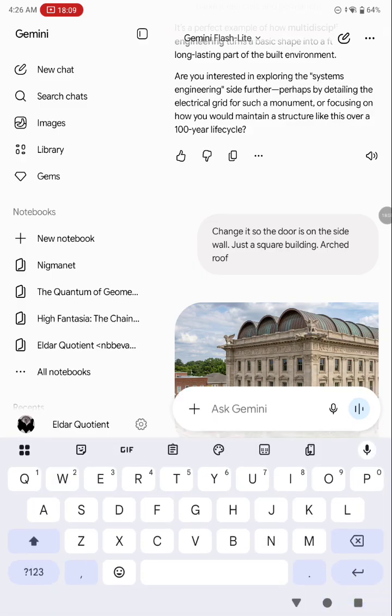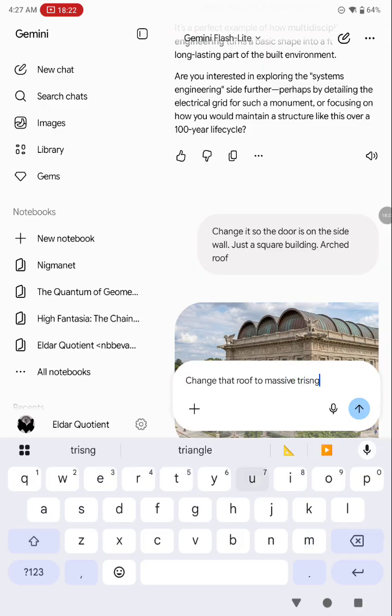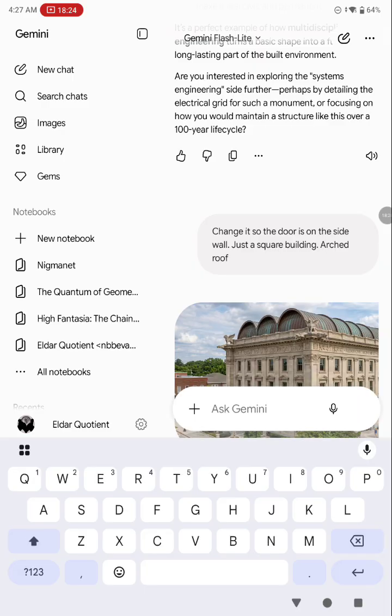But change that roof to like a massive triangular roof.